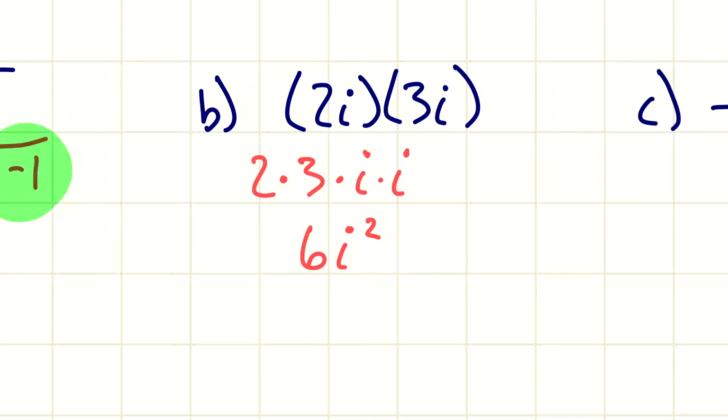That's pretty straightforward. Just like if it was x times x, it would be x squared. But if we have an opportunity to convert an imaginary number back to a real number, then we try to take that opportunity.